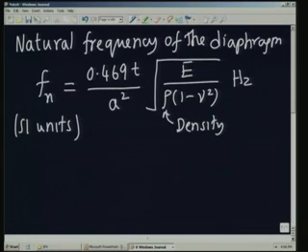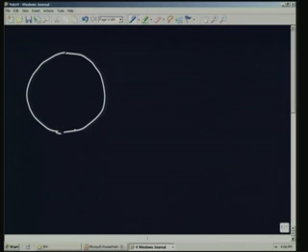Now, let us look at what we are going to do in the case of a gauge. So, if you look at the diaphragm, I will write the diaphragm like this, and the gauge, if you remember, looks like this.